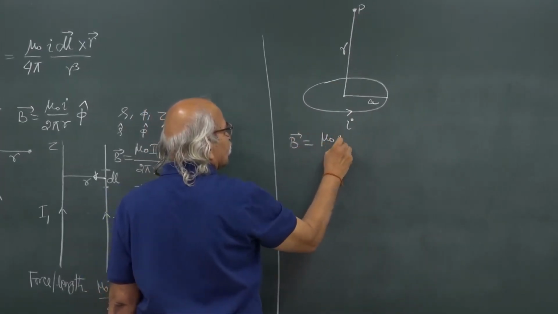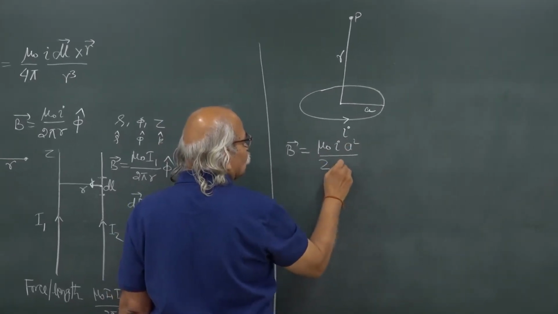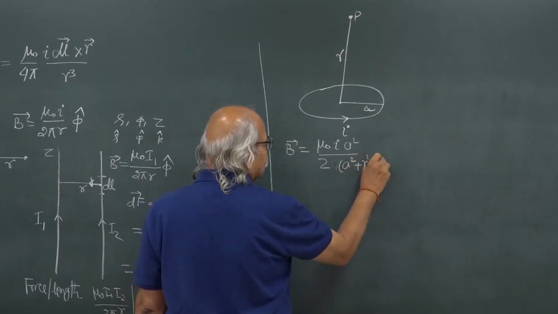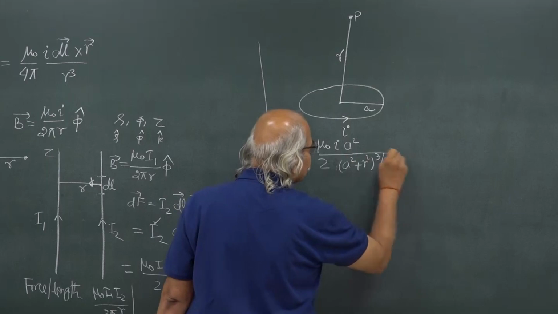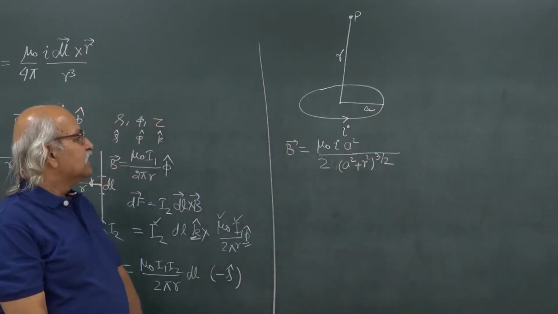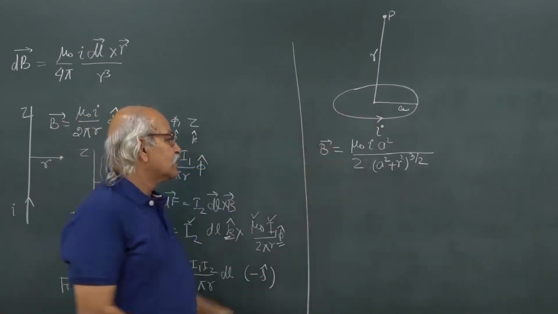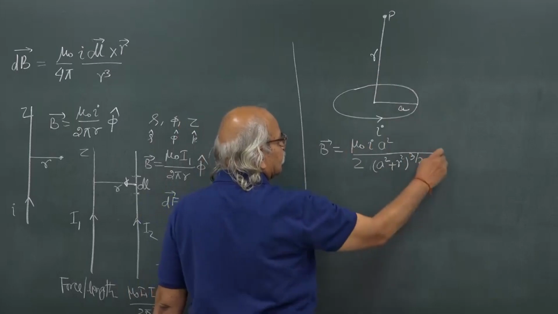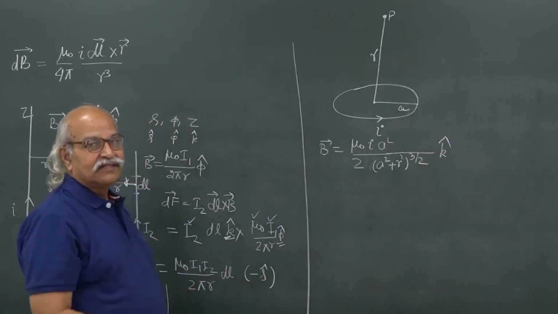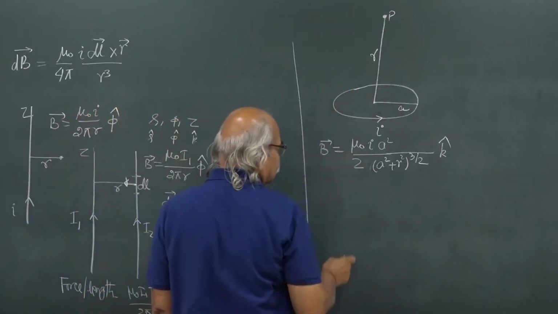Mu naught I a square by 2, (a square plus r square) to the power 3 by 2. This was the expression we derived. If you put r equal to 0, so that you are at the center, and this is of course in k cap direction, the current is in phi cap direction, the magnetic field is in k cap direction at the axis.